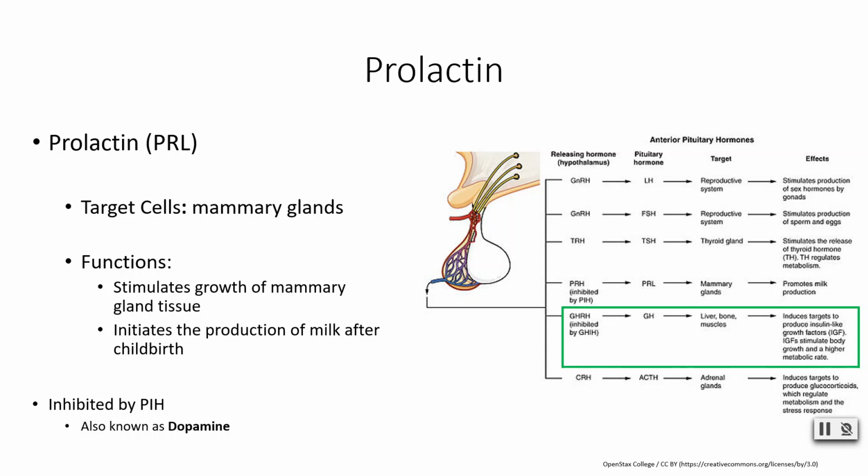So on a normal, regular basis, we would actually have PIH, our prolactin inhibiting hormone, playing its role in inhibiting the prolactin, so we would not normally be making that milk. Now, if we do happen to go through labor and delivery and bring this beautiful baby into the world, that PIH secretion will stop, prolactin can take over, and that milk production can start.